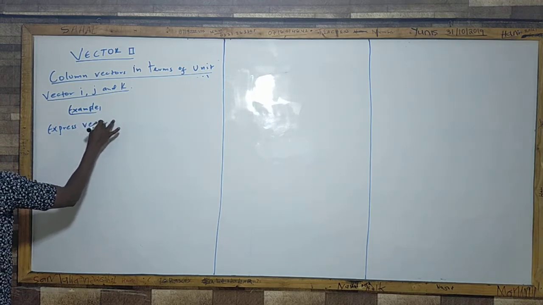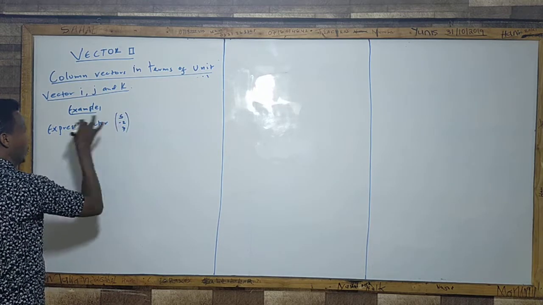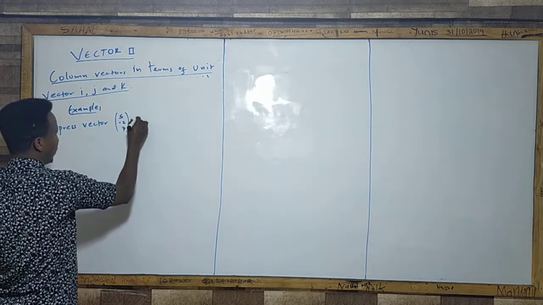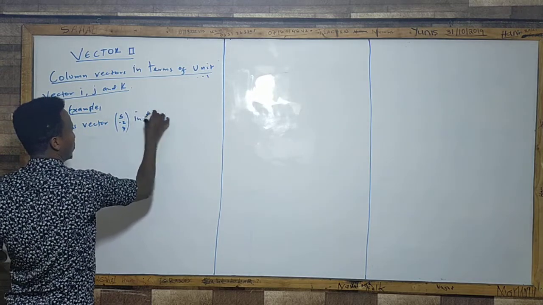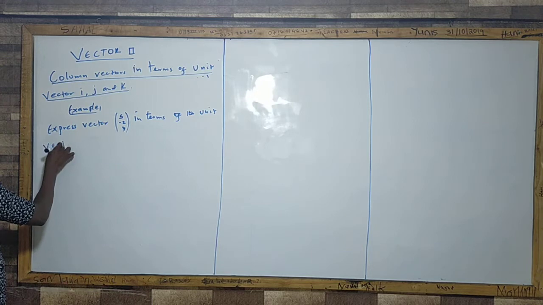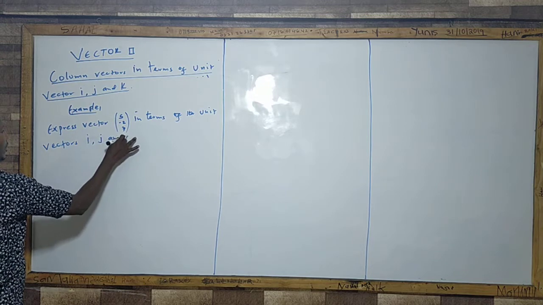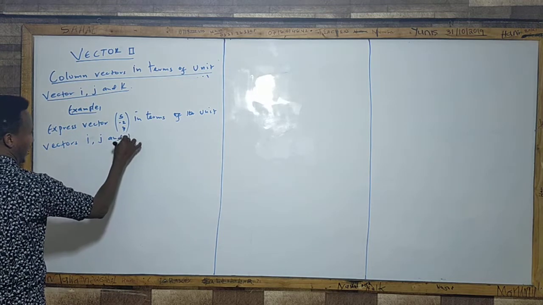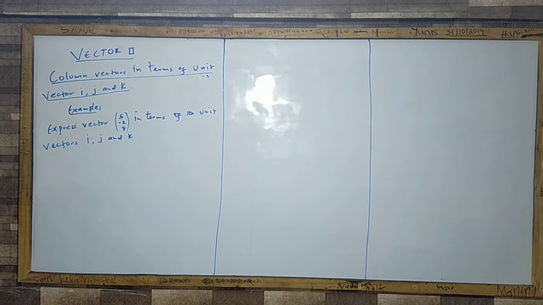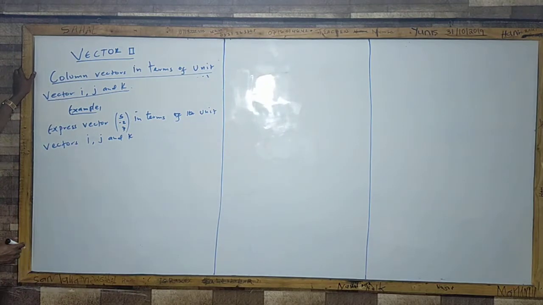the vector 5, negative 2, 7 in column form in terms of the unit vectors I, J, and K. For you to express this vector in terms of IJK, this is what you're going to do.